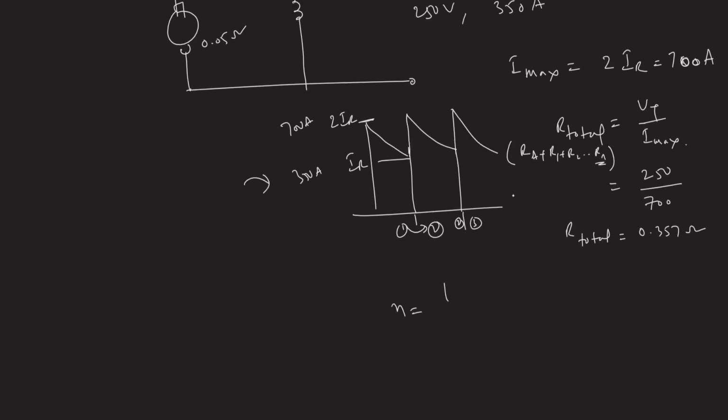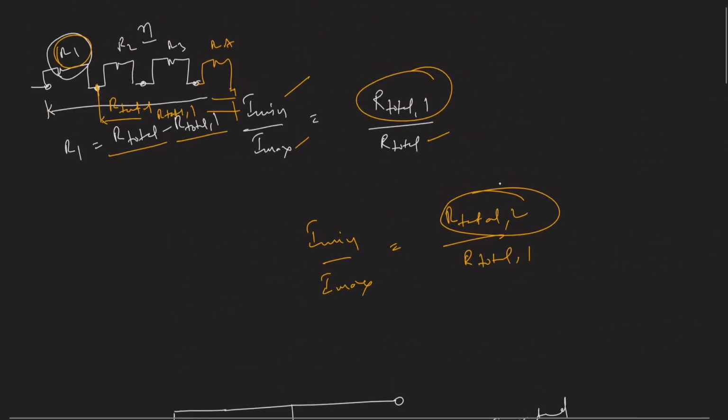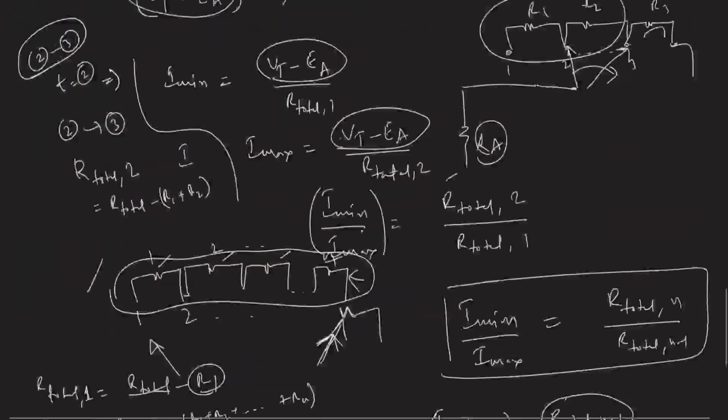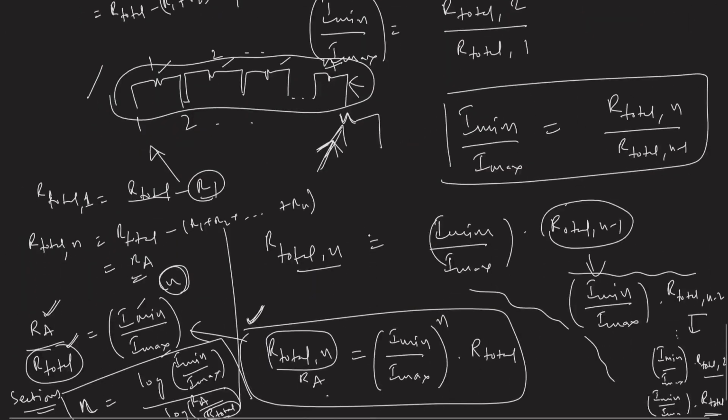N is equal to log I minimum by I maximum by log RA by R total. Yes? Is it right? That's what I have said.